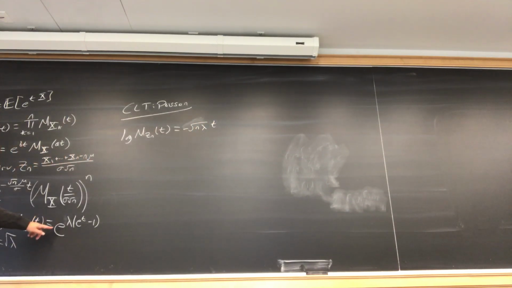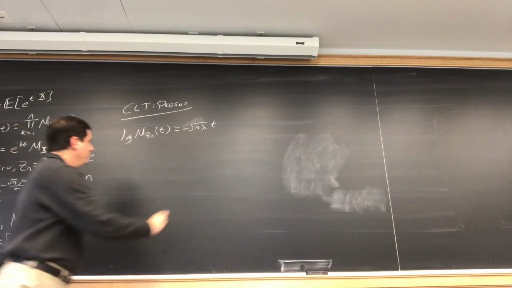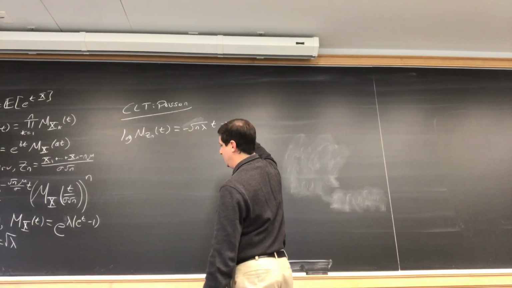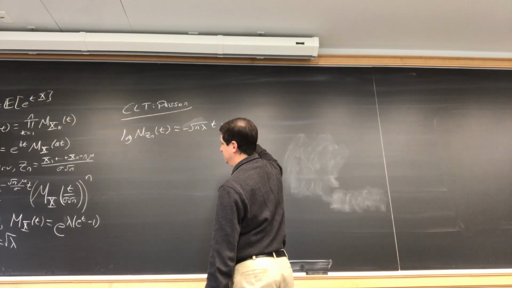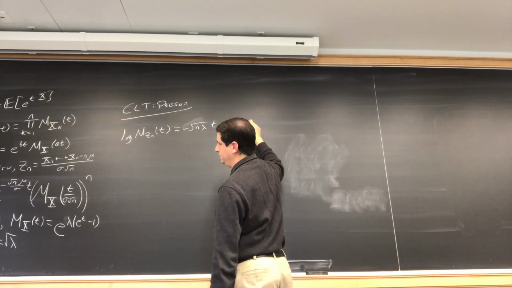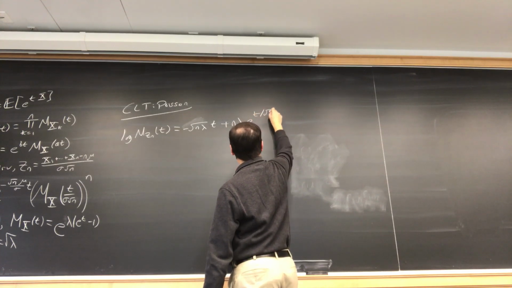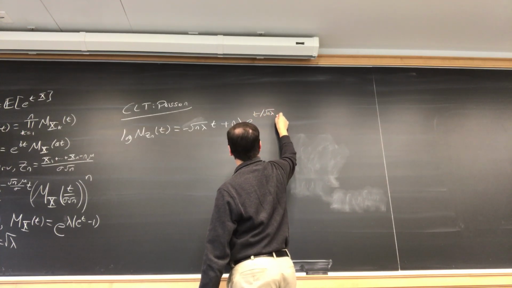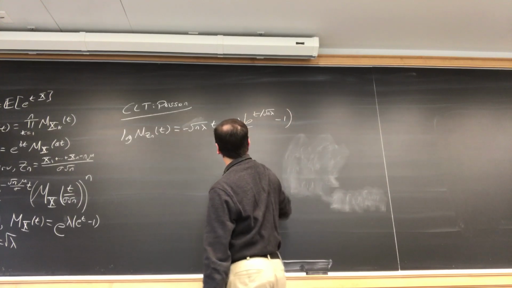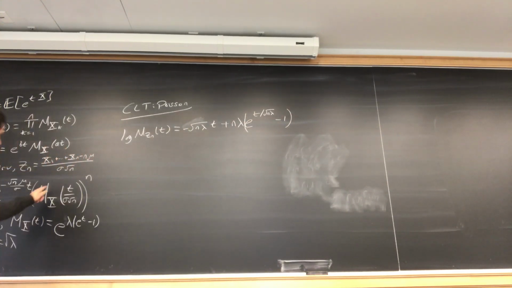And then when we take the log of the rest, we get plus n lambda e to the t over sigma square root of n. So t over square root of n lambda minus 1. And that's because when we take the log of this, the log of a product is the sum of the logs.